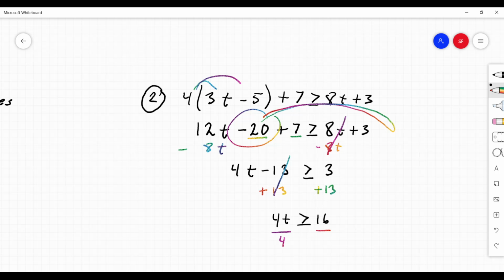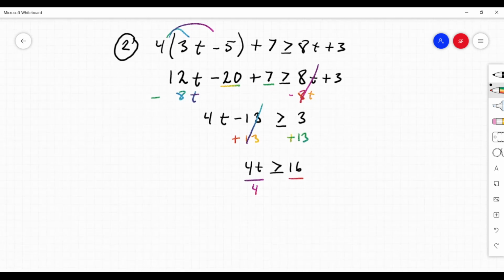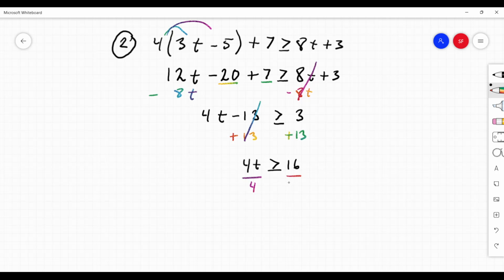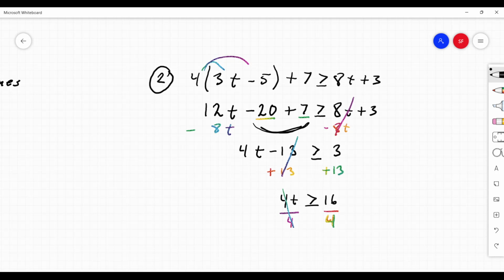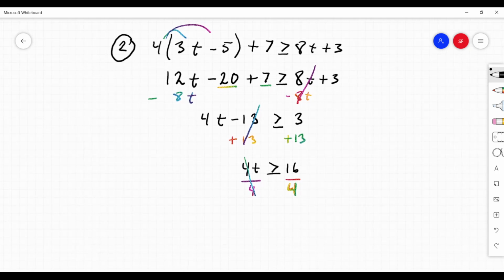Oh, so you only change the sign if it. Yep. Good question. How did the negative 20 and 7 cancel out? They didn't cancel out. We just did negative 20 plus 7. We just combined a couple things.